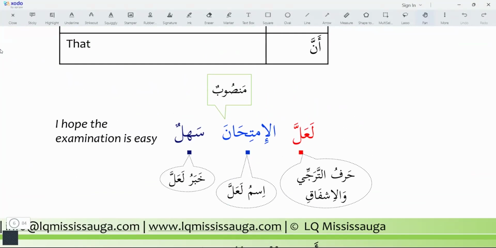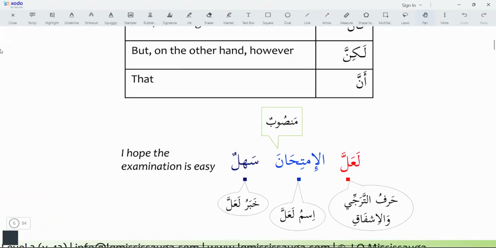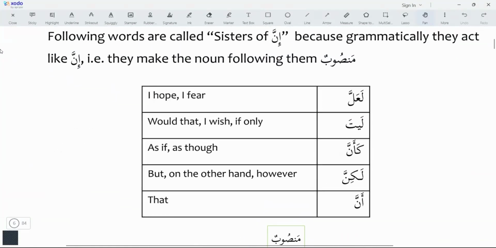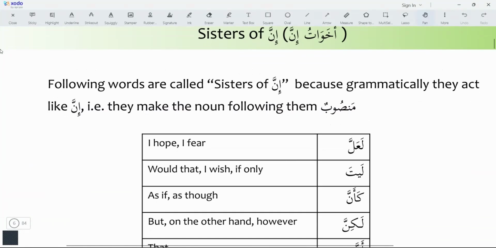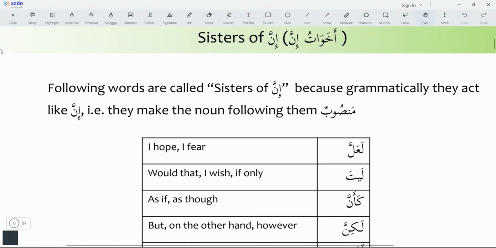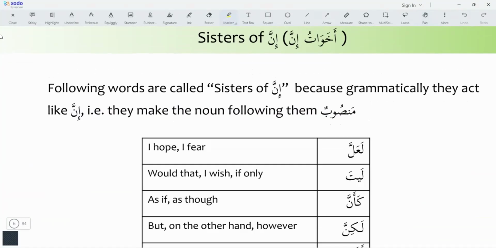Like here, these are the sisters of inna. Akhawatu inna, we call them, sisters of inna. The following words are called sisters of inna because grammatically they act like inna.